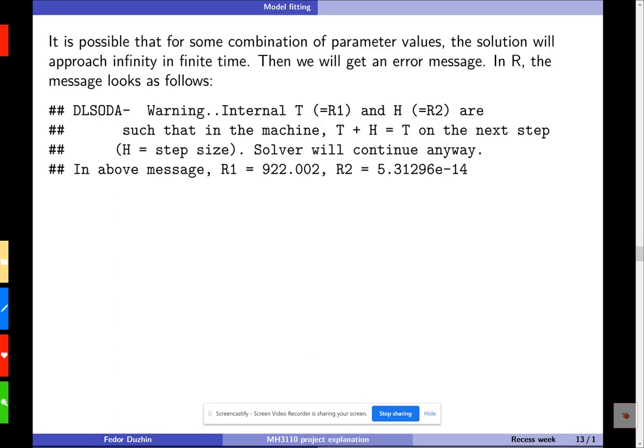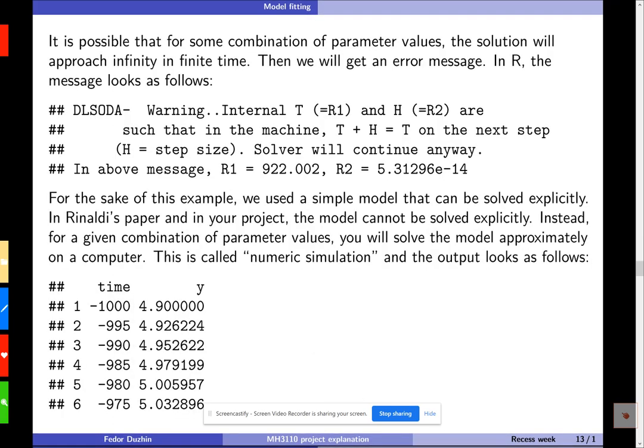But in your project and in Rinaldi's paper, it is impossible to do that. There is no way to solve it explicitly. But it is possible to solve it approximately on a computer with very good precision. This is called numeric simulation, and the output of this looks like this.